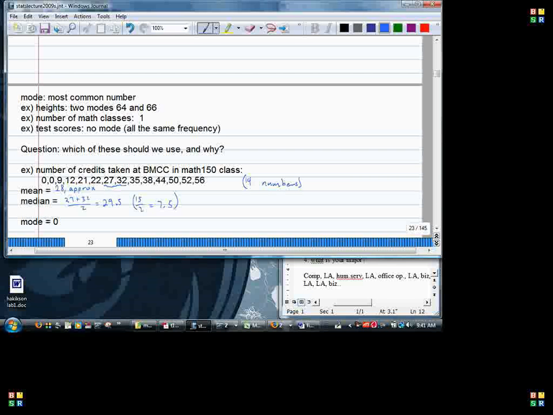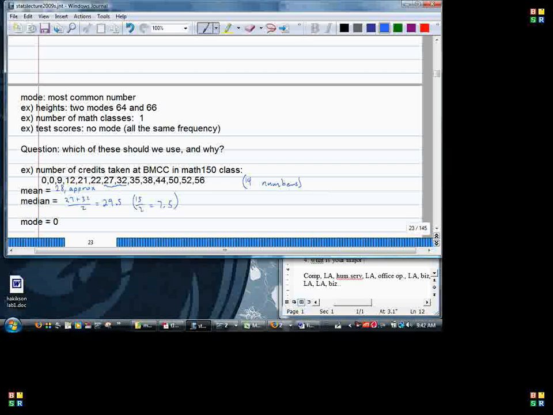But that's not always true. Sometimes the mode will be the lowest number. Sometimes your mode will be your highest number. Sometimes the mode will be somewhere in the middle. Sometimes there'll be two modes. So it's interesting, but if you were going to give one number to summarize all your data, the mode probably would not be it.